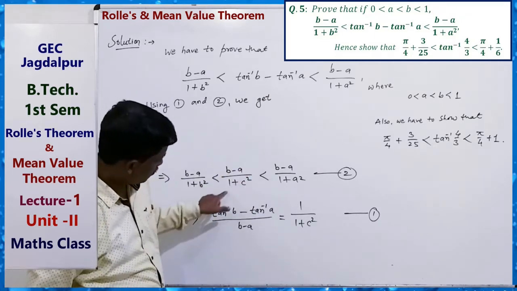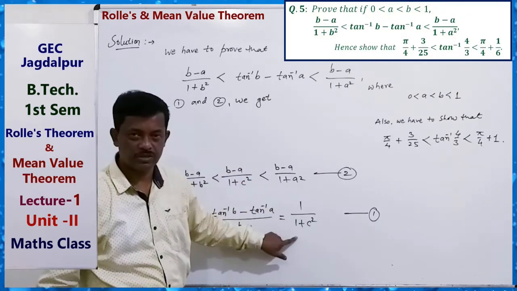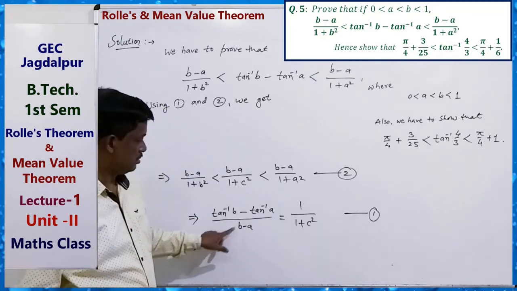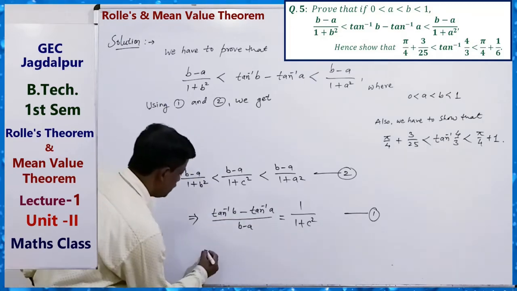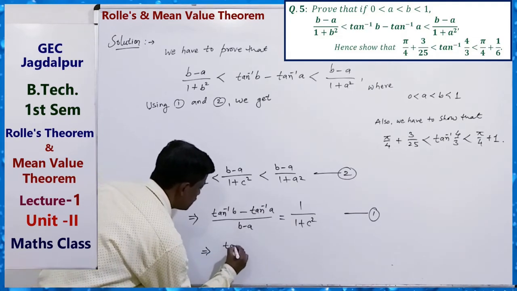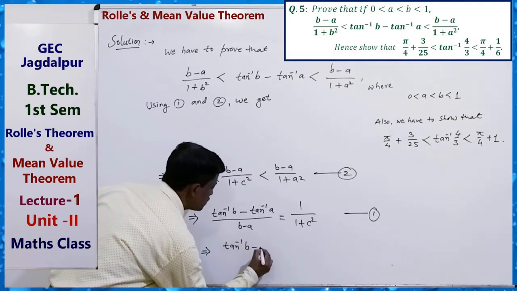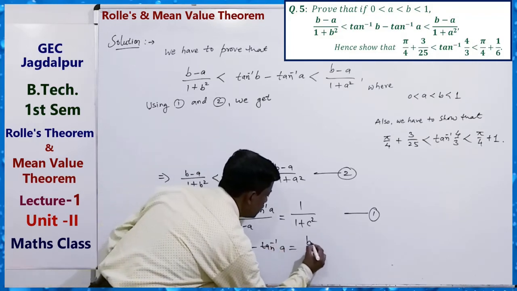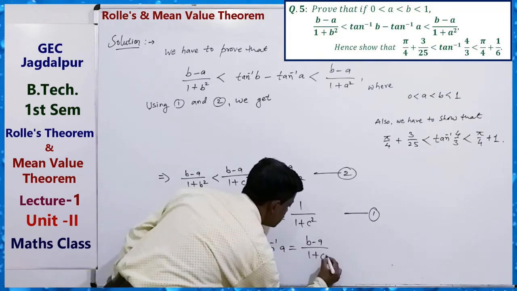Here we have 1 upon 1 plus c square in both, so they are equal. Also we can write tan inverse b minus tan inverse a equals b minus a upon 1 plus c square.